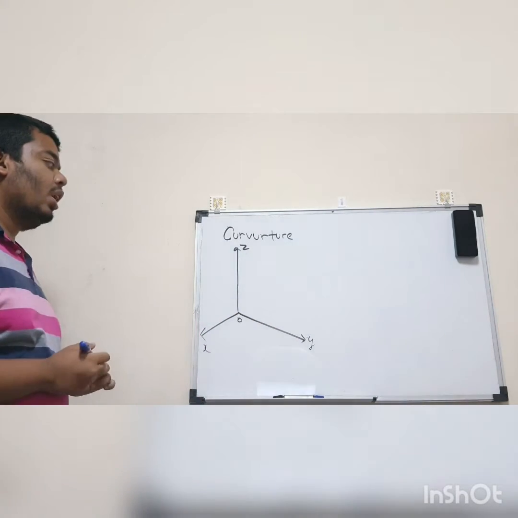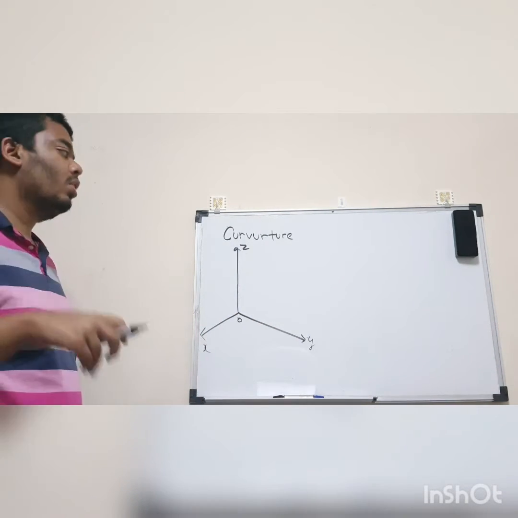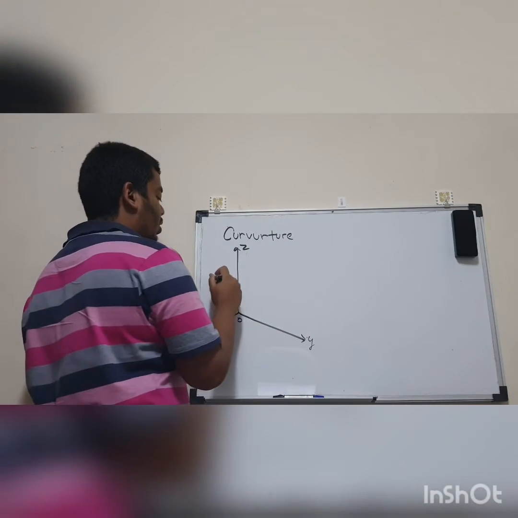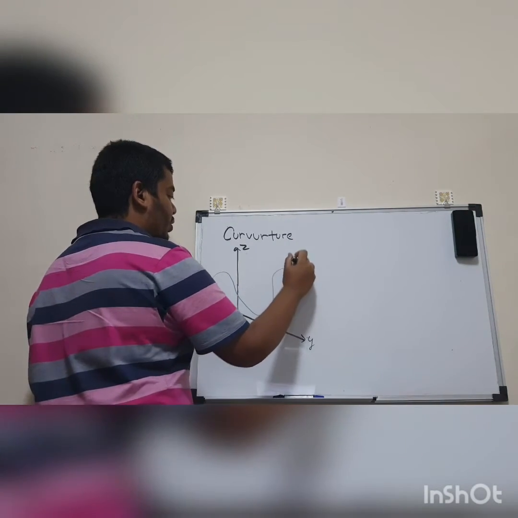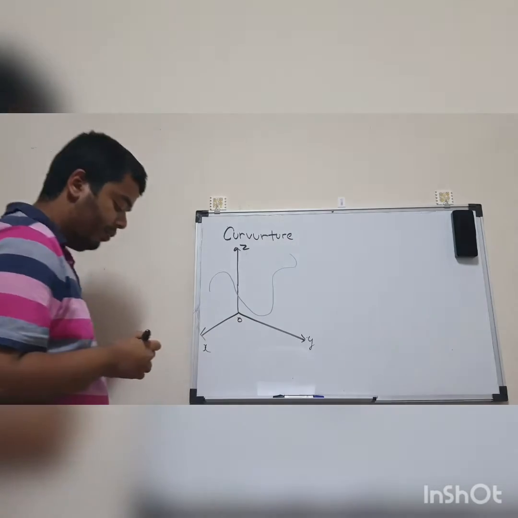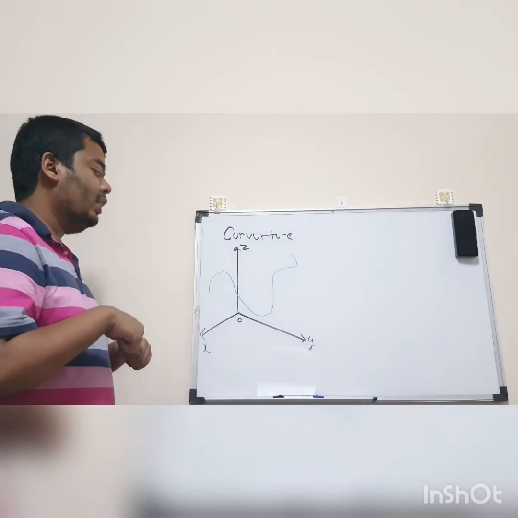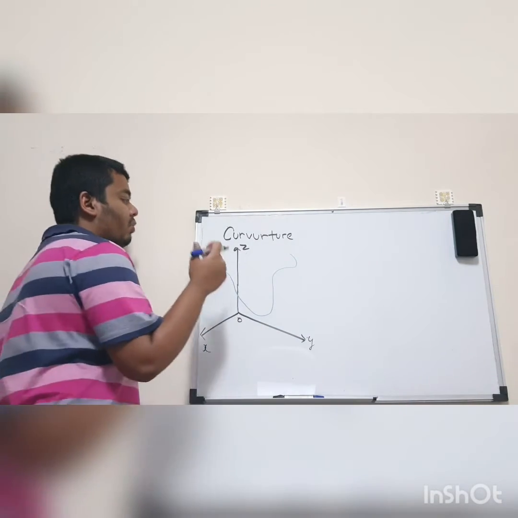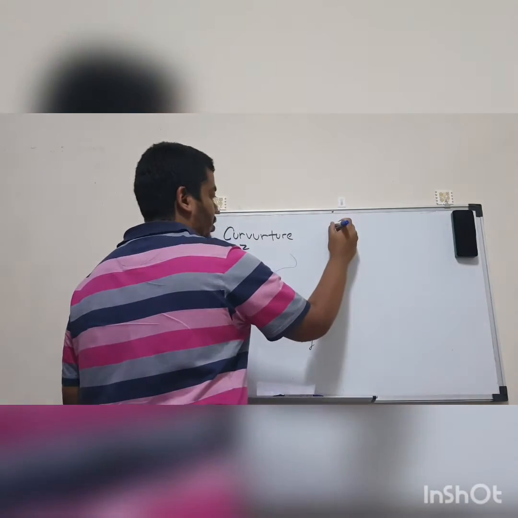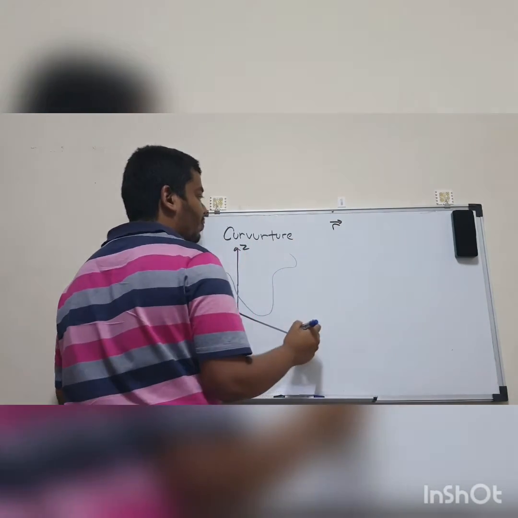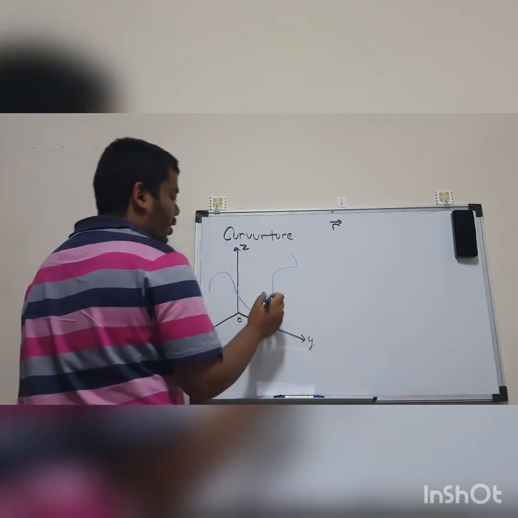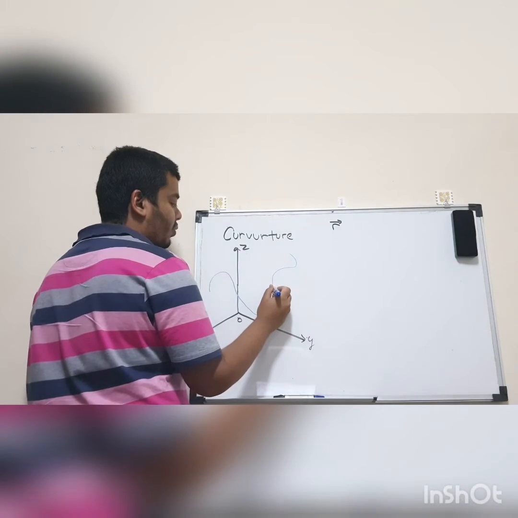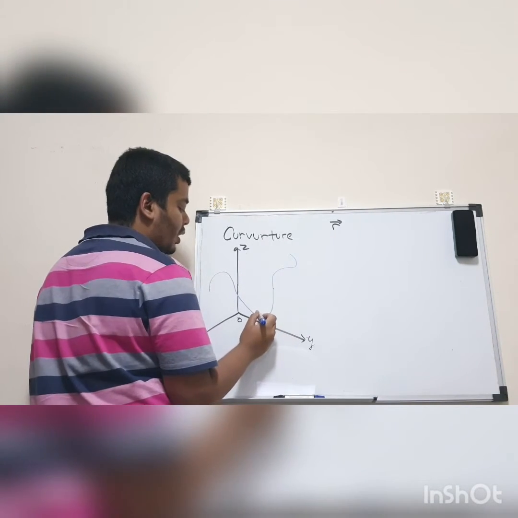Now I have a vector. It's moving in a random direction like that. For example, at any point in this vector, obviously the vector will have a position vector. That particular position vector will have a tangent vector at any point.